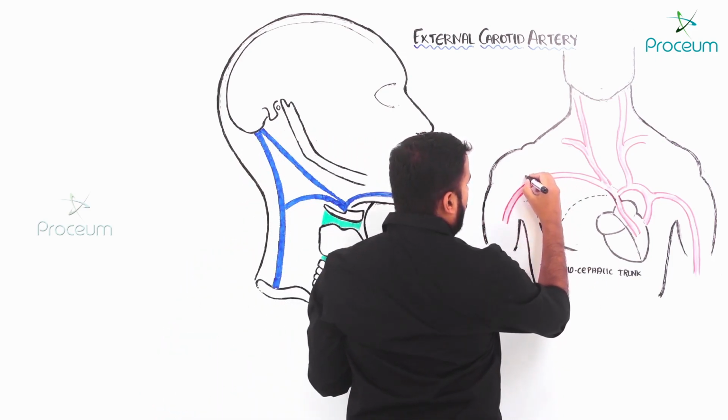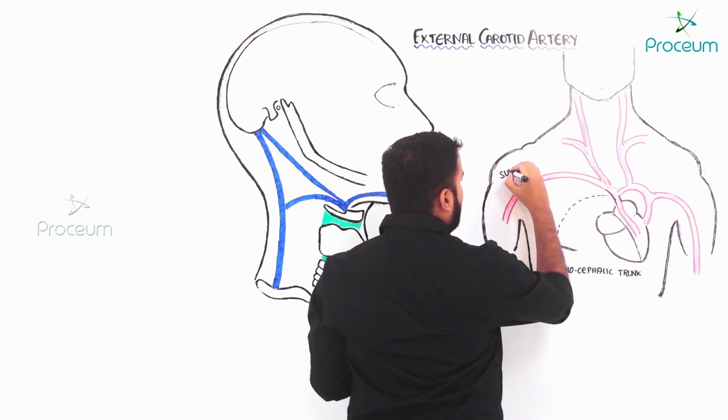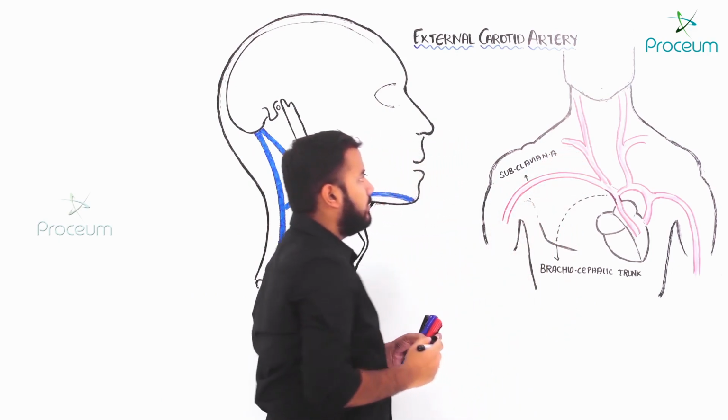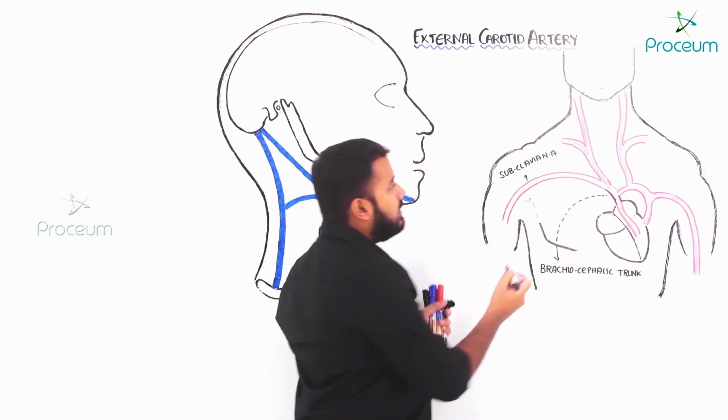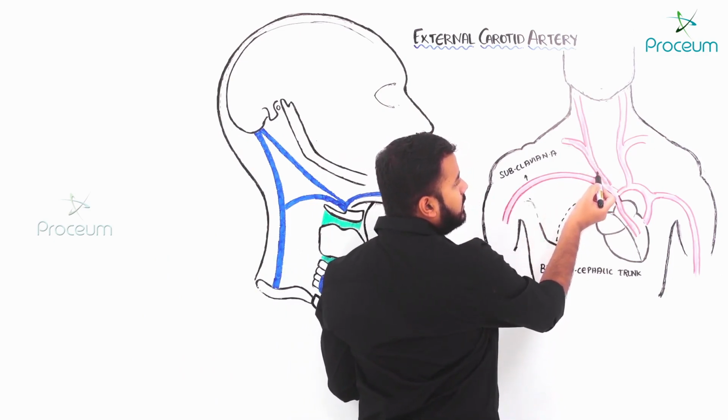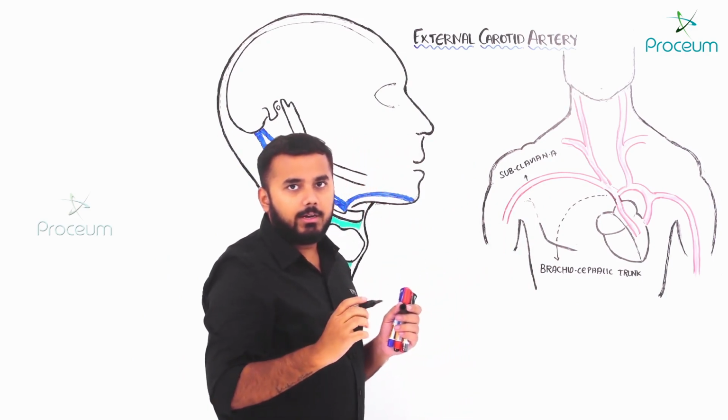What is this artery called? This is the subclavian artery. And what is this artery which is passing up? This is called the common carotid artery.